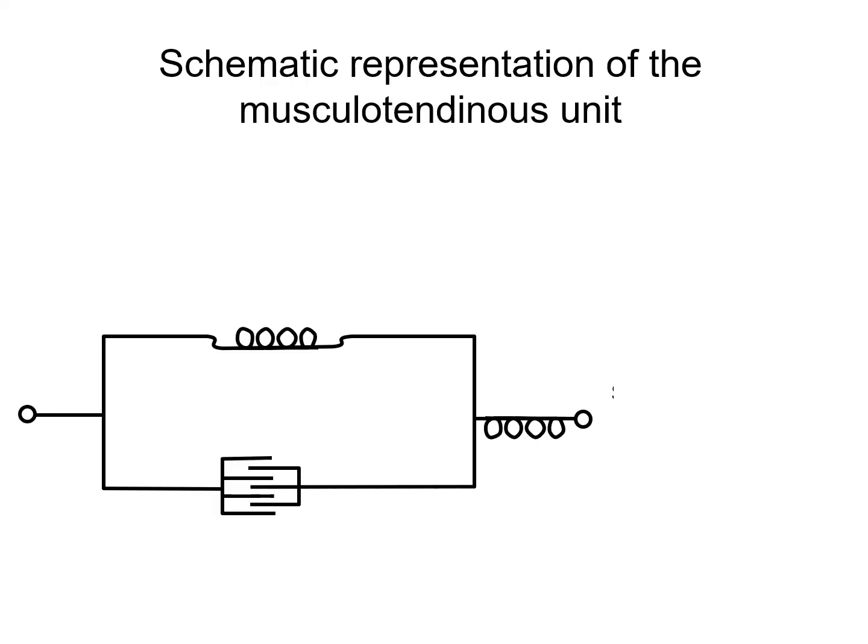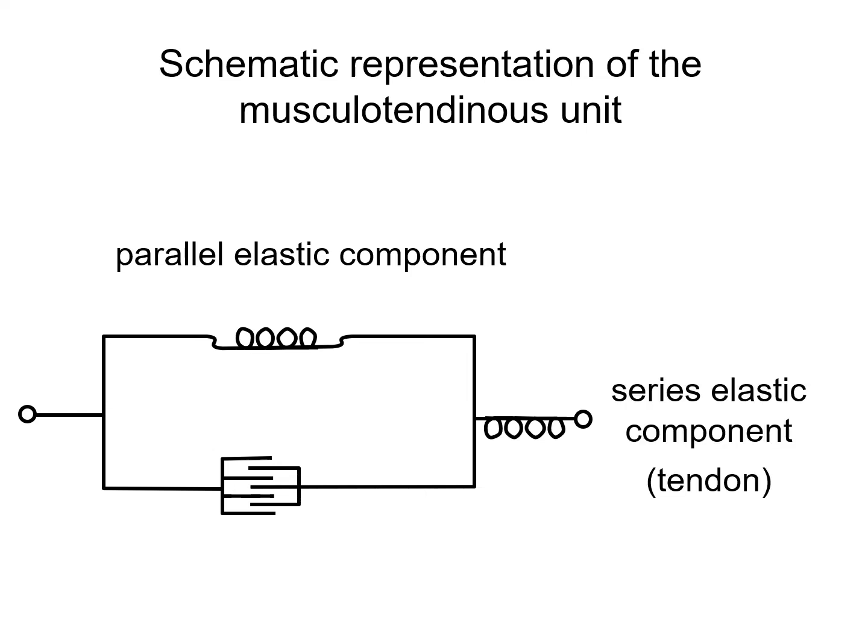So this is a schematic of our musculotendinous unit. There are a couple components to it. We have the parallel elastic component, which is part of the muscle membrane. Then we have the series elastic component, which is part of the tendon.